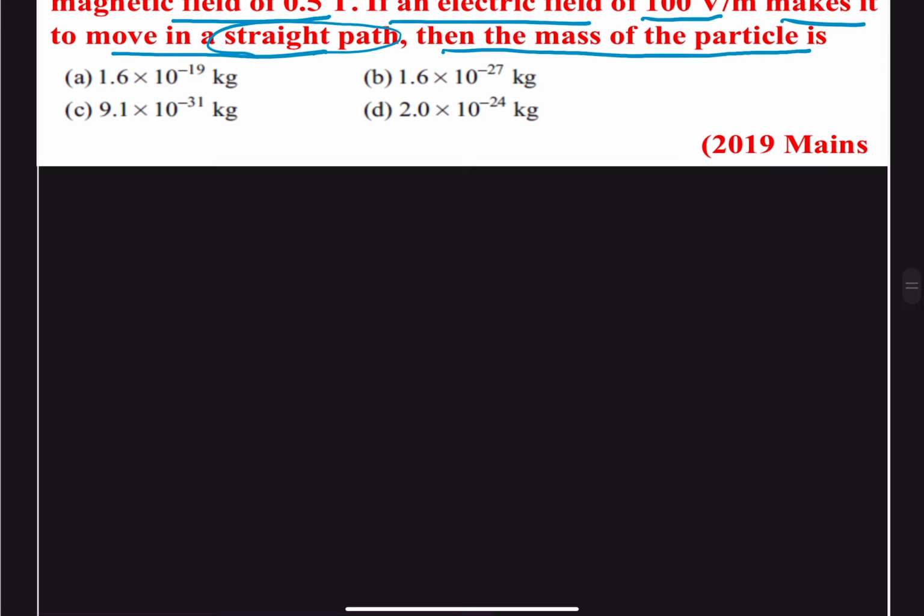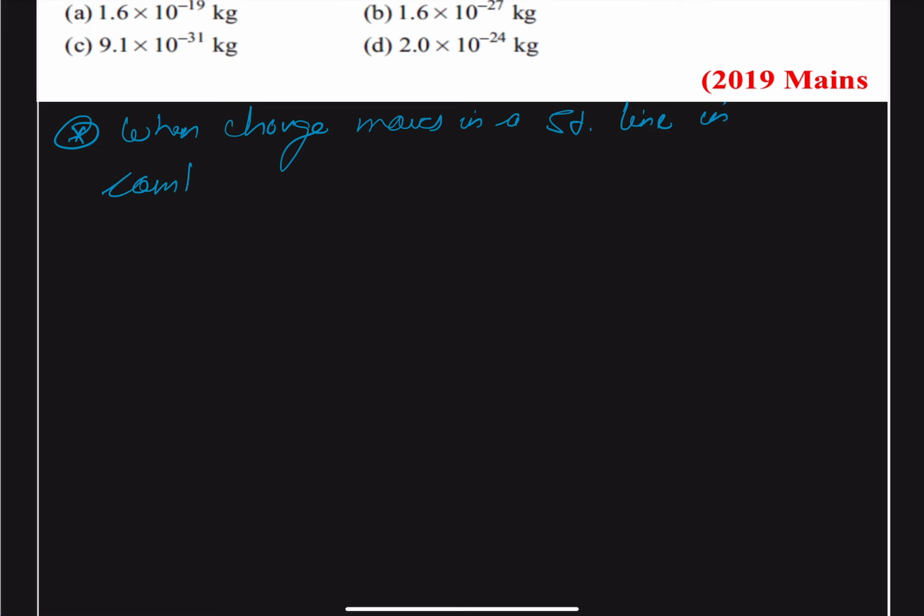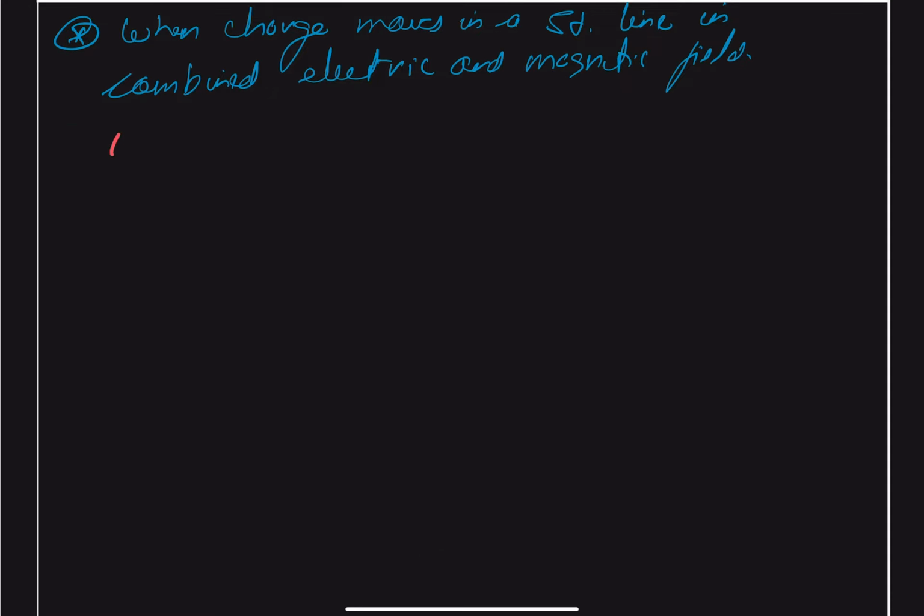So we say that when a charge moves in a straight line in combined electric and magnetic field, electric force should be equal to magnetic force.